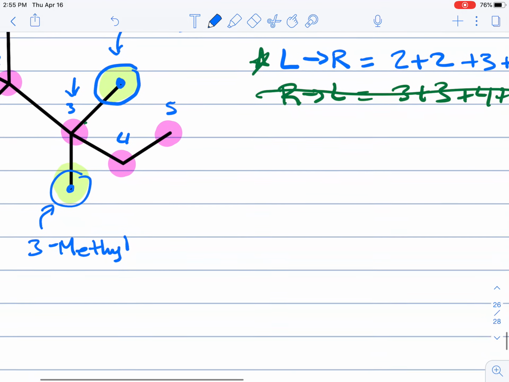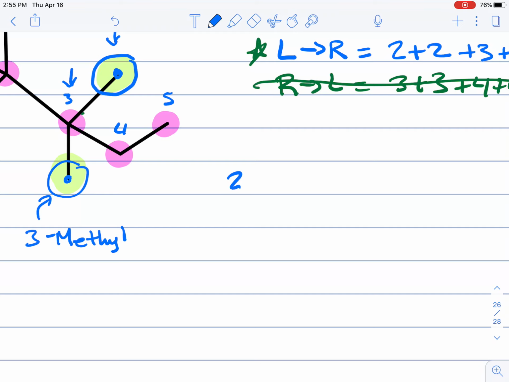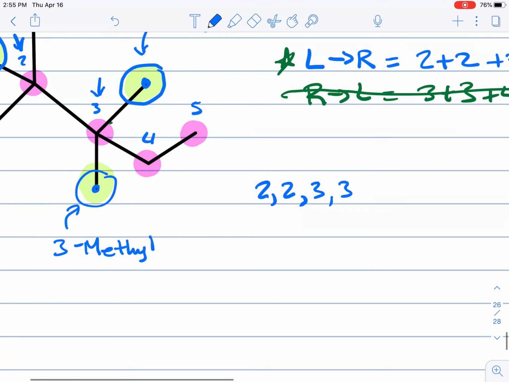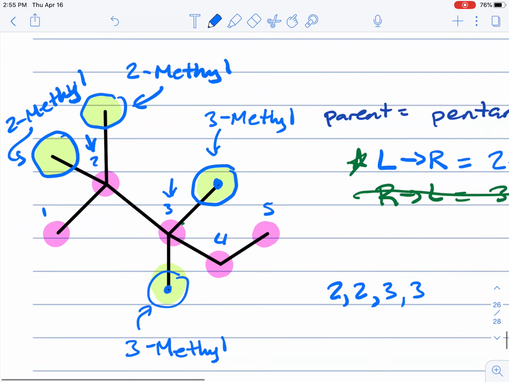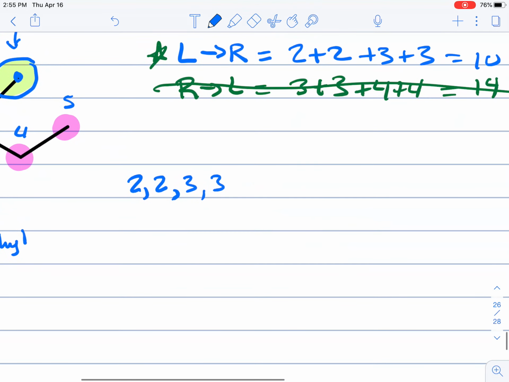And so I'm going to say 2, 2, 3, 3. So notice how I'm adding commas for each number. Each number is supposed to represent one substituent. So I have 4 substituents, so there should be 4 numbers. So 2, 2, 3, 3. And then since I have all methyl, I have 4 of them. And so I need to put a dash because now I'm converting from number to letter. And that is going to be tetramethyl.